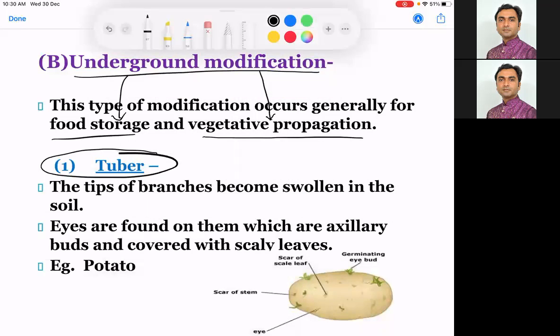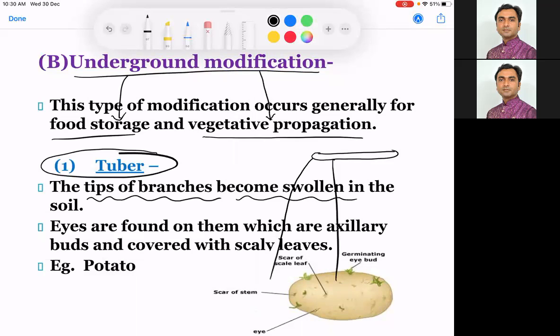Now, if I talk about the tuber, with specific adaptation. For example, this is a stem. The tip of a branch becomes swollen in the soil.